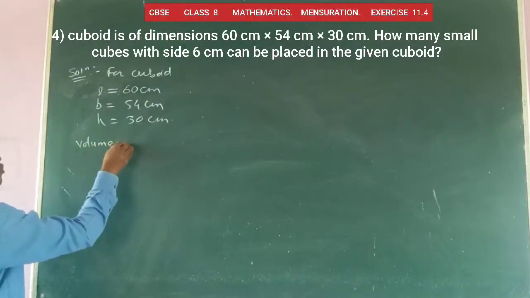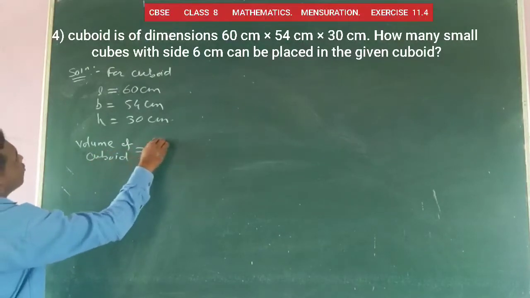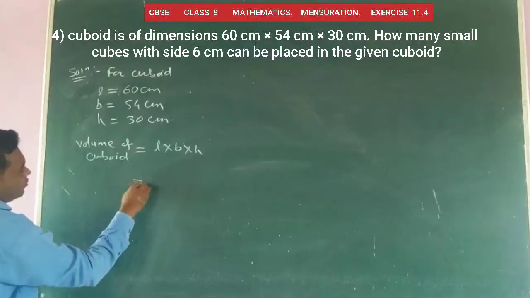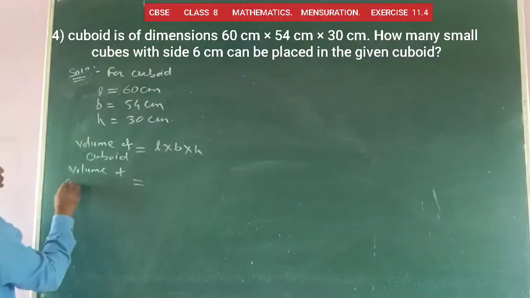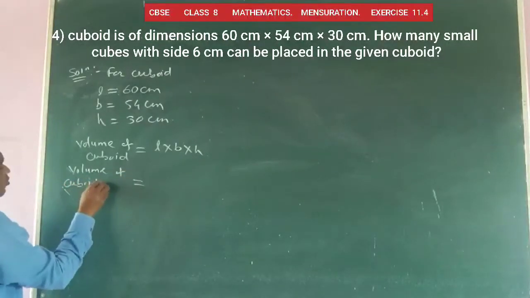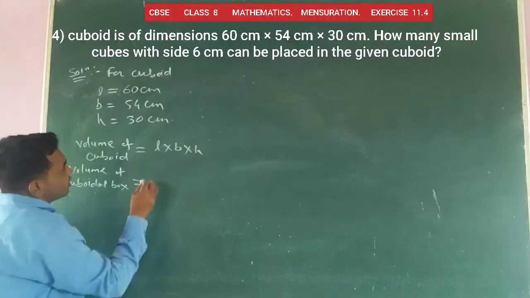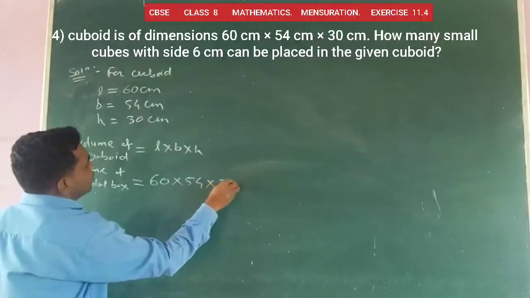So here the volume of cuboid formula is L into B into H. Volume of the cuboidal box, where length is 60, breadth is 54 and height is 30.